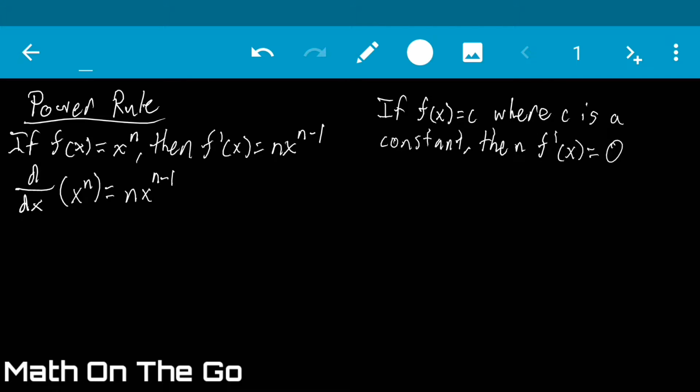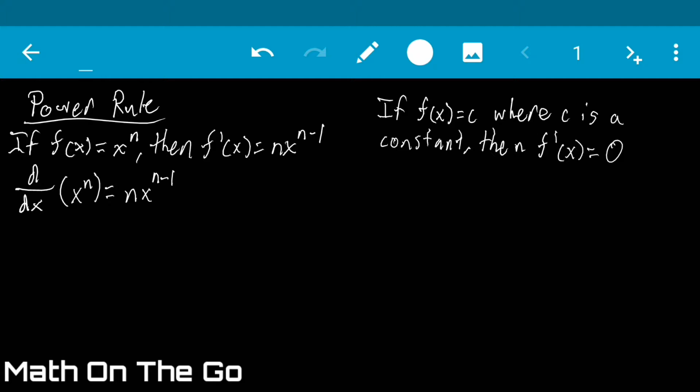So what this is saying is if you have a function which is just a number, say the number 3, then if you take the derivative of the number 3, you're going to get 0. So the derivative of a number is 0.